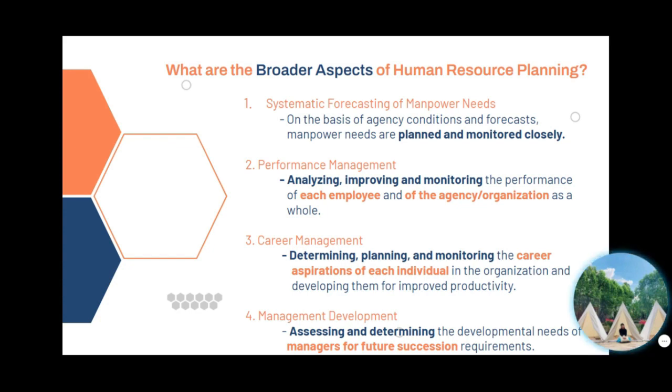Analyzing, improving, and monitoring the performance of each employee and of the agency or organization as a whole. Third, career management. Determining, planning, and monitoring the career aspiration of each individual in the organization and developing them for improved productivity. Fourth, management development. Assessing and determining the developmental needs of managers for future succession requirements.